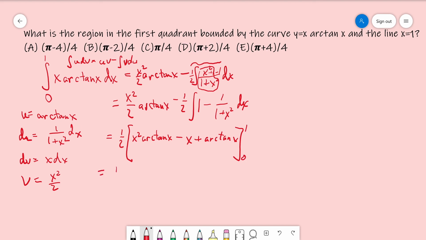Alright, well, at 1, x squared is 1. Arctangent of 1, remember, that's pi over 4. And then minus x is 1, plus arctangent of 1, which is pi over 4.